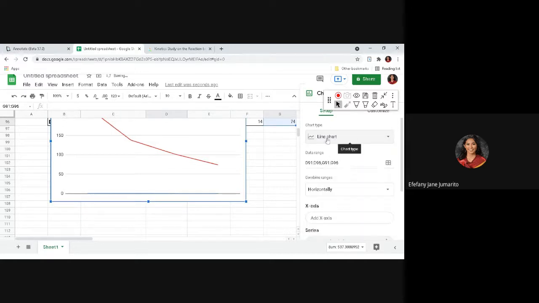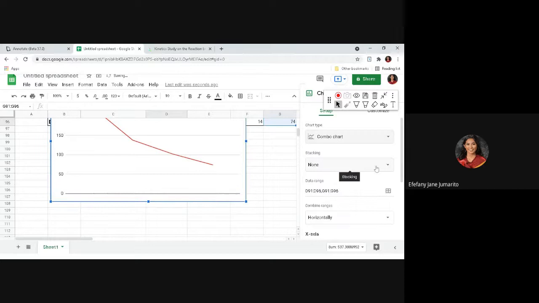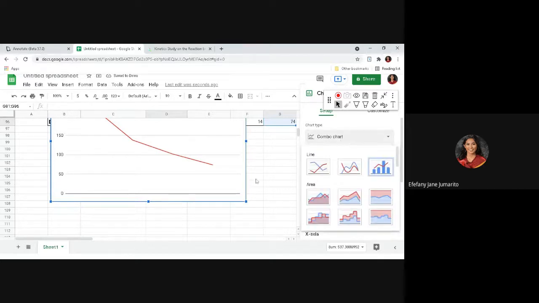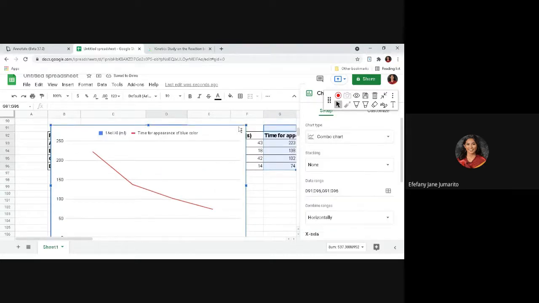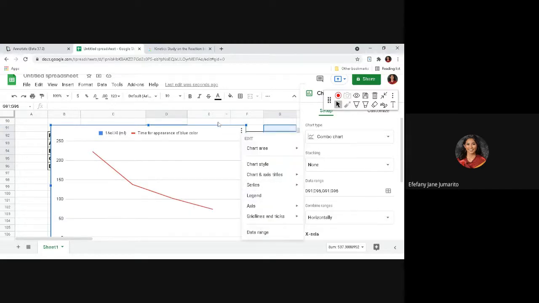How that affects reaction like blue color. Want to return for appearance of blue color.